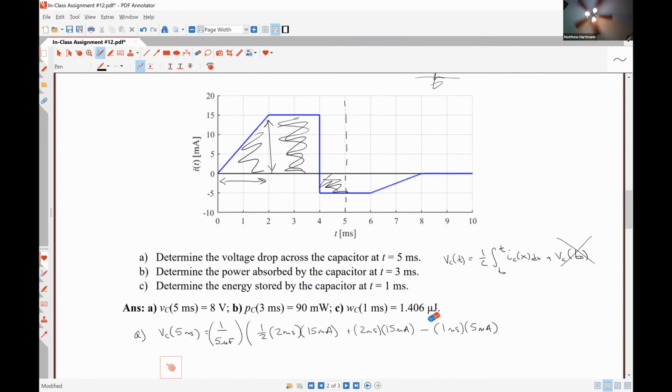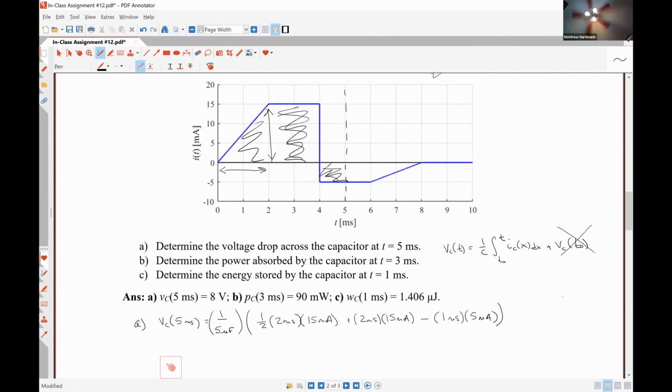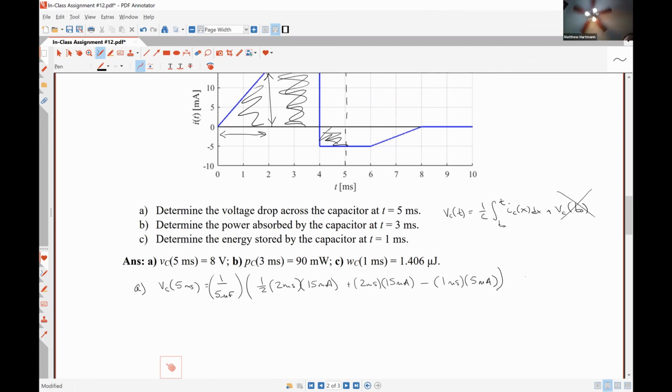So whichever way floats your boat, close that guy off, and let's throw this into our calculator.